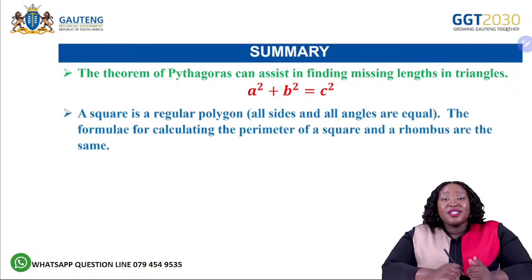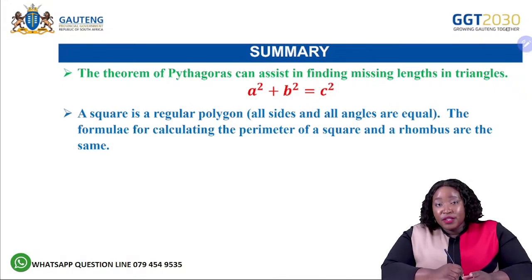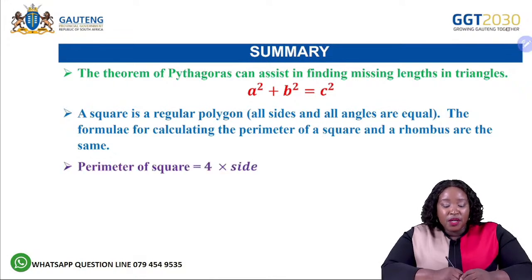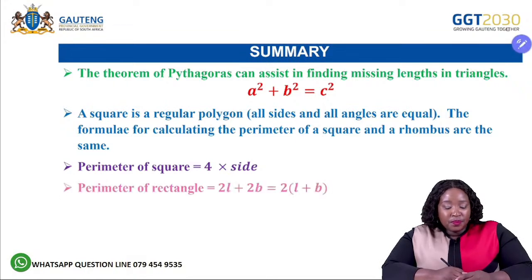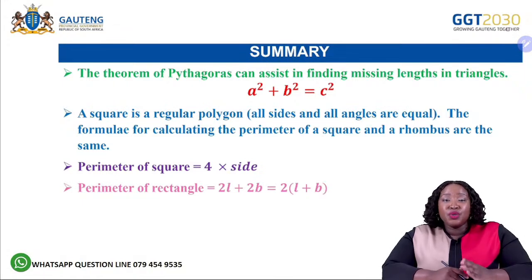Don't forget that we use the same formula for the perimeter of a square as well as the perimeter of a rhombus. Okay, so that would be 4 times the side. All right, and then the perimeter of a rectangle is either 2l plus 2b, or you can factorize it and get 2 times length plus breadth.